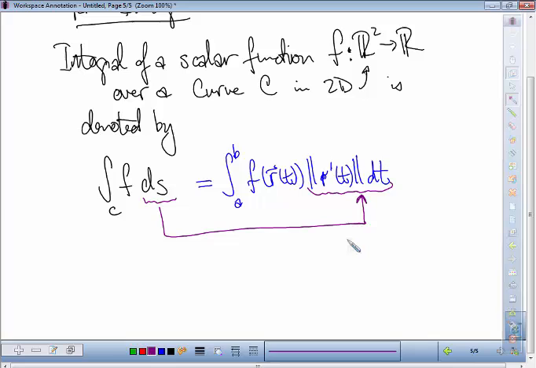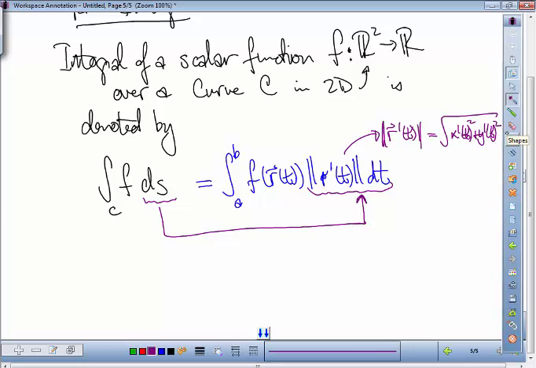Now, all our arc lengths have been constants, but really the arc length, if you remember, is equal to the square root of x prime of t squared plus y prime of t squared. Okay? So we're integrating with respect to the arc length.